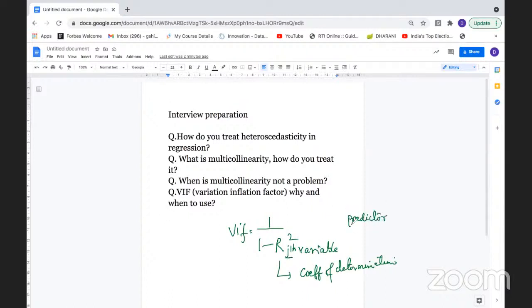Now you know predictors are nothing but your inputs. Target is your output y. VIF is 1 by 1 minus R square of the jth variable. Now what is this R square?